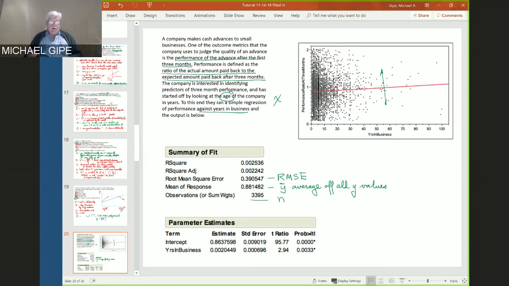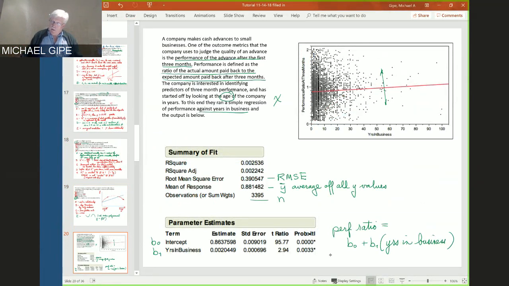Parameter estimates, what do we have here? The intercept and years in business. Well, intercept is the B0, and years in business is the slope in a regression model. So what we're saying is that the performance ratio equals B0 plus B1 times the number of years in business. That's our model.